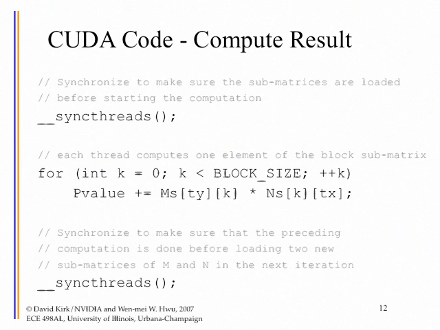So you don't know exactly which one will finish first and which one will finish last. So you will do what we call a barrier synchronization, meaning that all the threads, after they dispatch those 2 loads, will hit the sync threads function call.